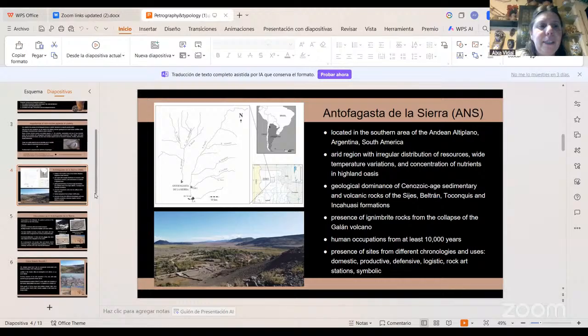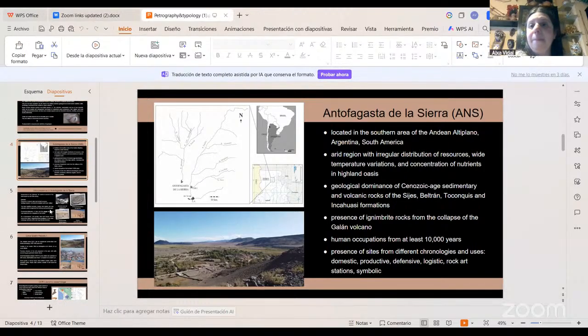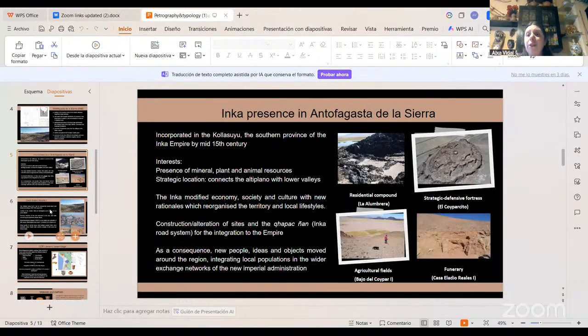So what about these? We are going to focus on one of these periods. That's the last period before the Spanish conquest of the area: the Inca expansion. The Incas' presence in Antofagasta de la Sierra. Antofagasta de la Sierra was incorporated in the southern province of the empire by the mid-15th century.